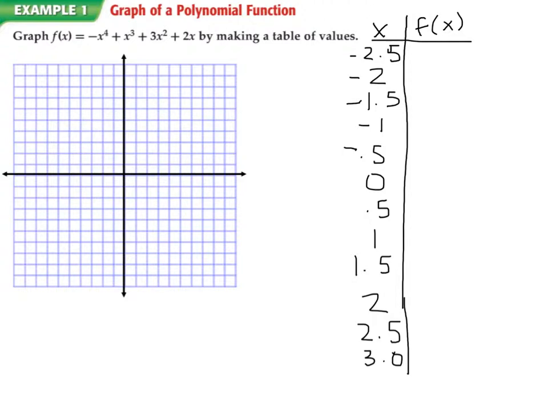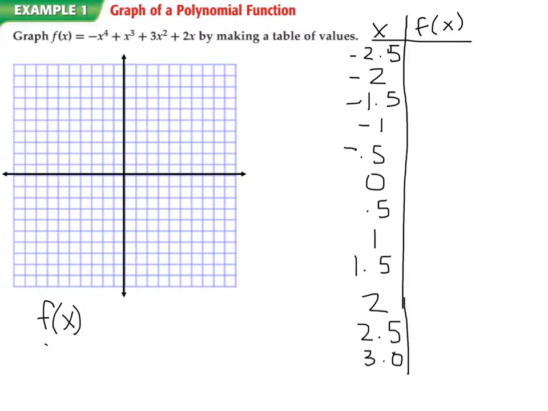Now, with the x values that I have, I need to come up with those f of x values, or the y values. I'm just going to do one example of how we get that. To get f of x, we're just going to plug in whatever x value there is. Our first x value is negative 2.5, so instead of x, we use negative 2.5.